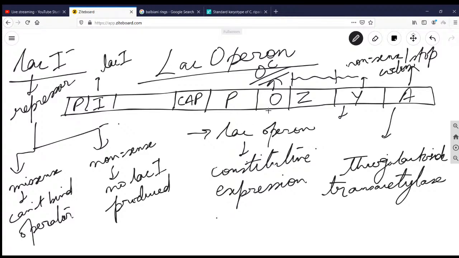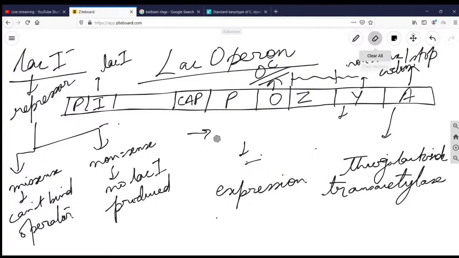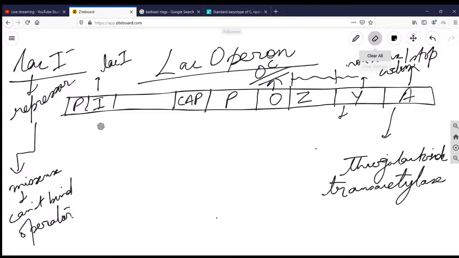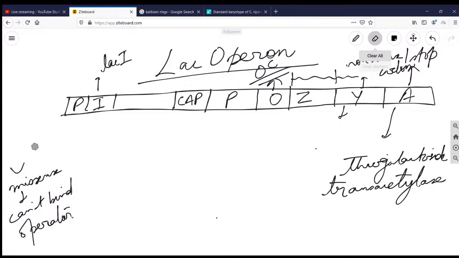OC and I minus, they'll both make constitutive expression. One more I'll tell you for your NEET examination. If you're dealing with lac, let's finish lac here only.